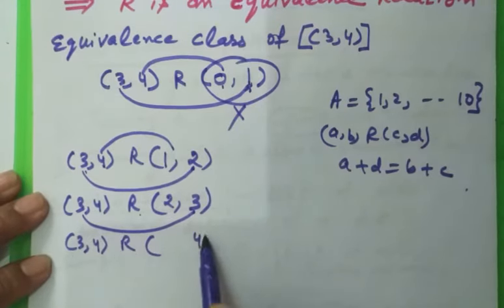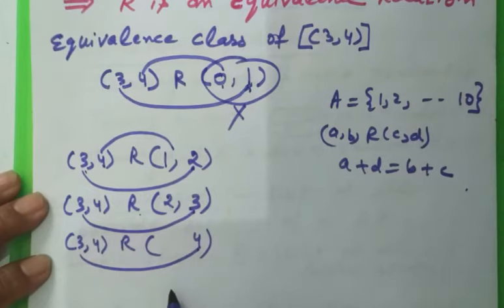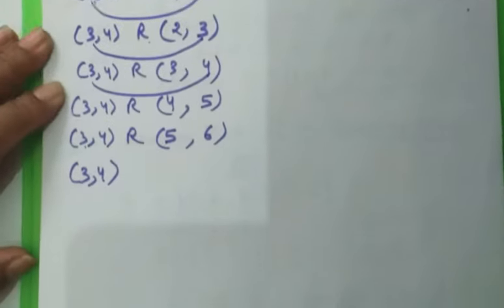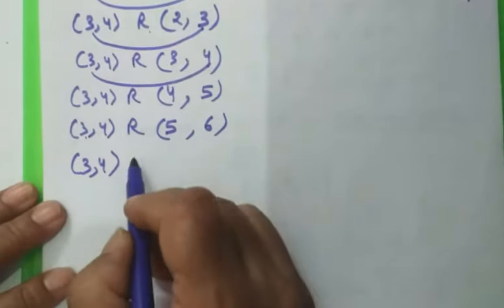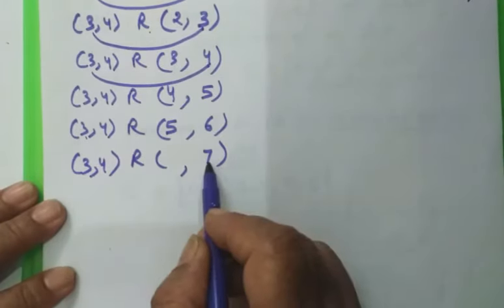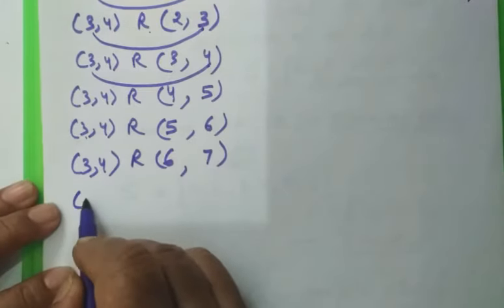Now if I write 4 here, 3 plus 4 is 7, 4 plus 3 is 7. If I write now 5 here, 3 plus 5 is 8, 4 plus 4 is 8. 6, 3 plus 6 is 9, 4 plus 5 is 9. Then 7, 3 plus 7 is 10, 4 plus 6 is 10.